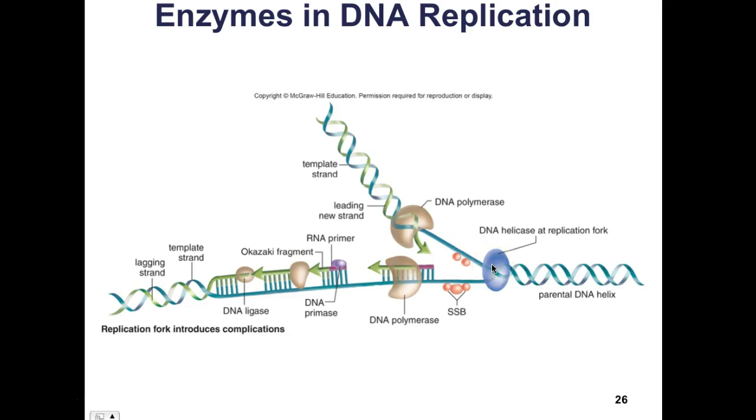However, remember that the strands run anti-parallel to one another, all right? So this strand can't run continuously. What happens is, as the DNA molecule unwinds or opens up, you expose the nucleotides in segments. DNA polymerase will come in and add new DNA nucleotides following the rules of base pairing.